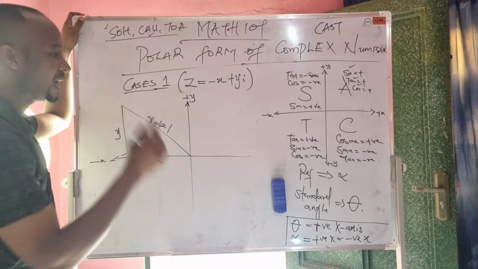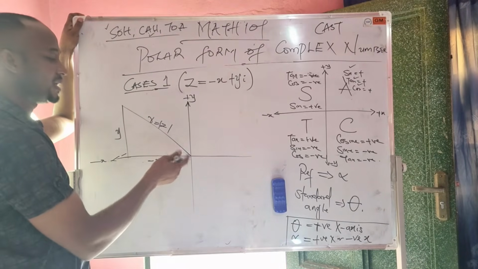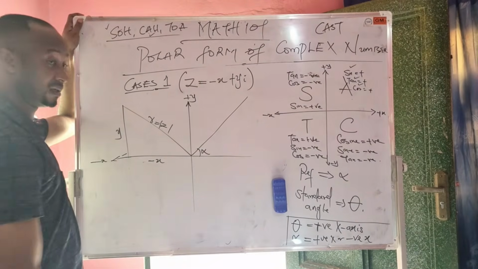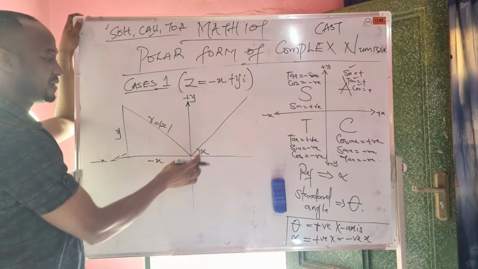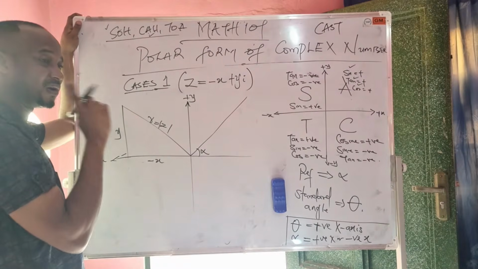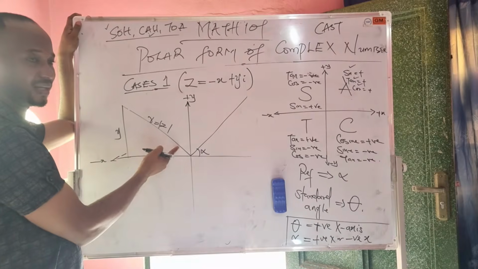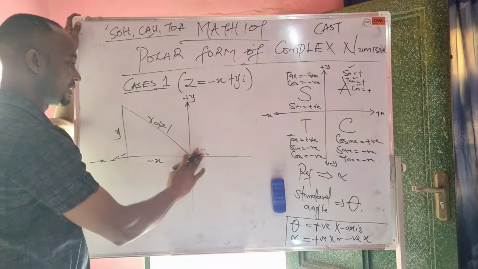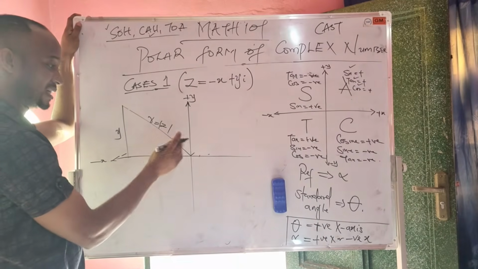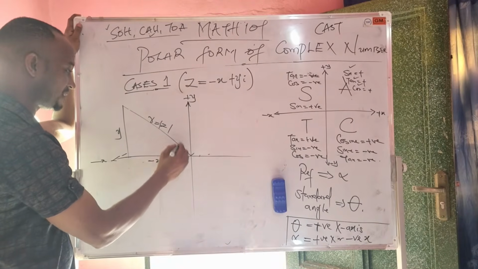Now, alpha, the reference angle, is always found on the x-axis. That is the angle the x-axis makes with the hypotenuse. Any angle the x-axis makes with the hypotenuse is called the reference angle. That means for this diagram, I'm going to have my reference angle here as alpha.